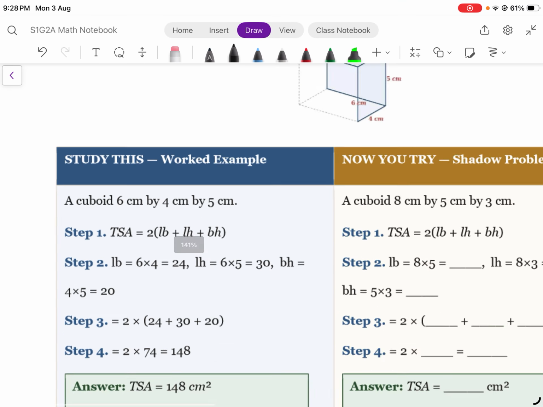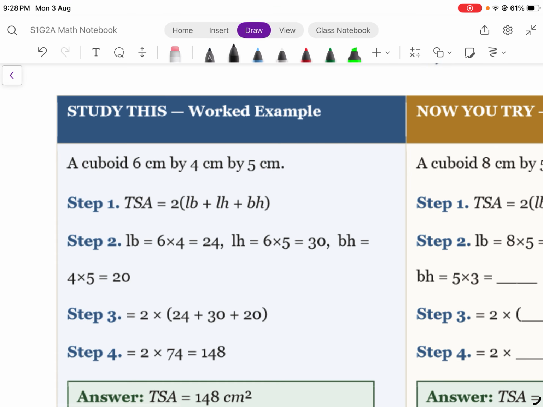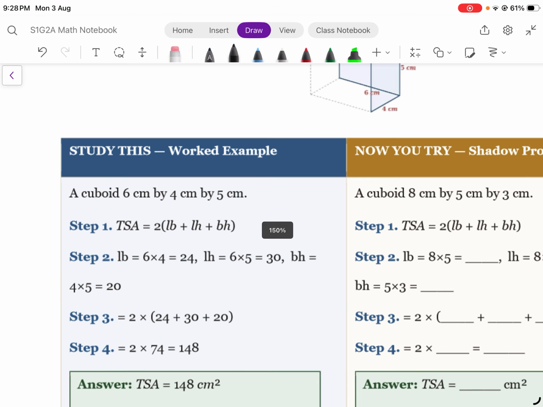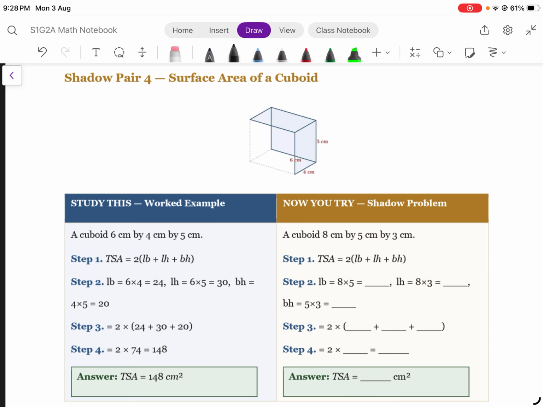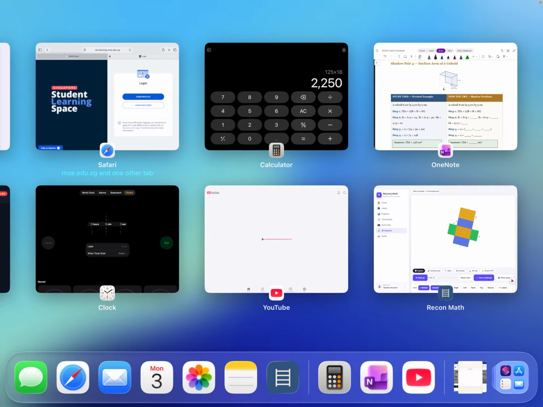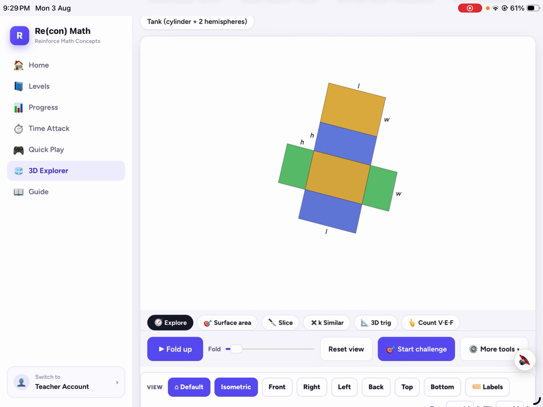So if you look at it, you have a cuboid 6 by 4 by 5, right? 6 is here. If I go back to here, this one I can actually write on it.